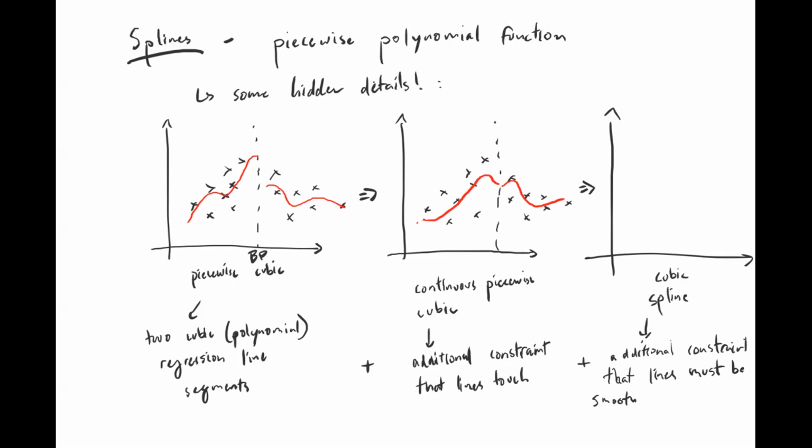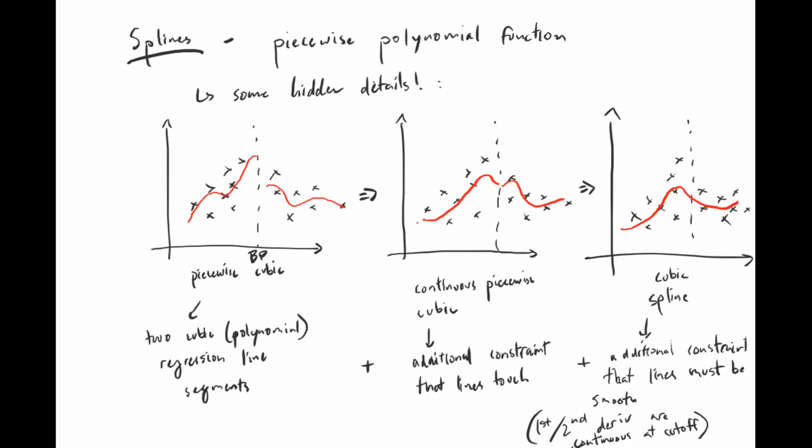This means the first and second derivatives are continuous at the cutoff. So finally, your line might look something like this. Now you notice that it's much smoother here.